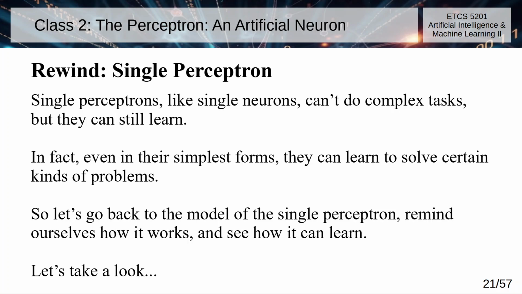And even in its very simplest form, in other words, if we take the simplest kind of neurological cell and boil it down to its simplest form, it can still learn or be trained to solve certain kinds of problems. So we want to go back and look at that and remind ourselves how it works, boil it down to its simplest form, and then look at the kinds of problems we can get it to solve.